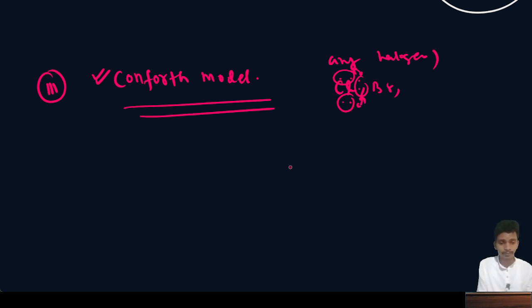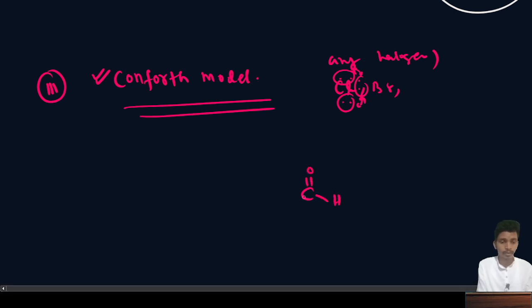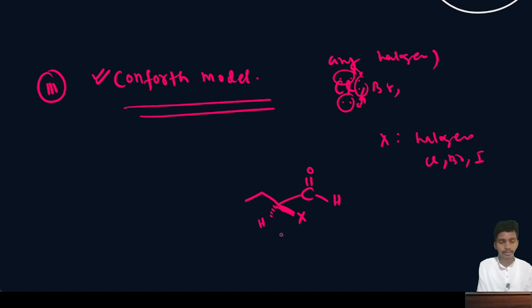What does the Cornforth model say? Let's say we have a carbonyl group, and at the alpha position we have H and a halogen X, like Cl, Br, iodine, any halogen. If the reagent is lithium aluminum hydride, the metal shows chelating properties, but we will not use the Cram's chelate model; we will use the Cornforth model.